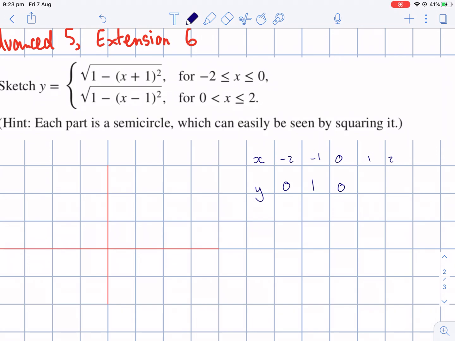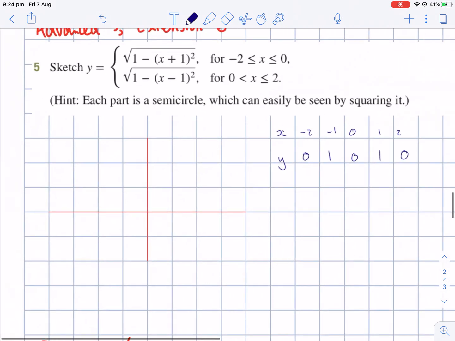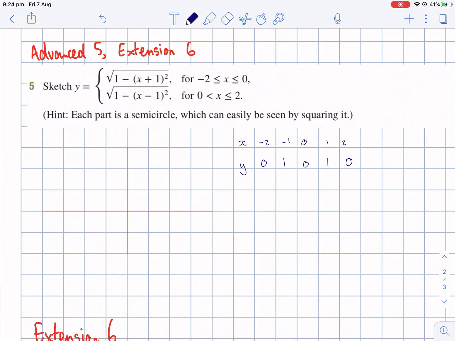Sub in 1, but this 1 changes to a minus. Sub in 2. So it's going to look like that.